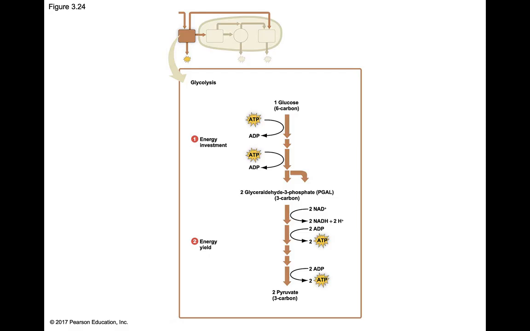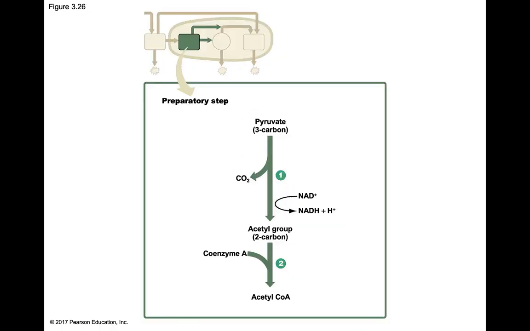So don't get caught up in NADH or any of that. It's an electron transport molecule. And remember, we've got a pathway called the electron transport system. So we're going to revisit these electron transport molecules once we start talking about the electron transport system.